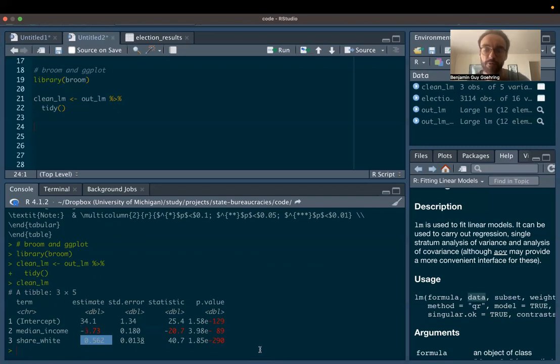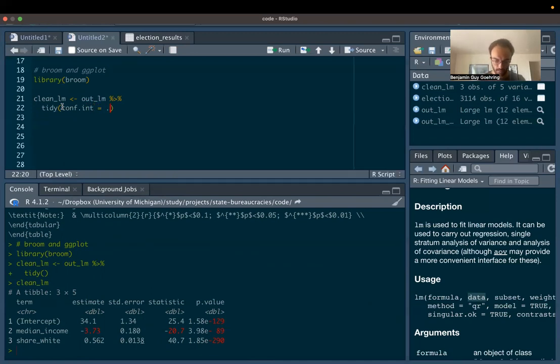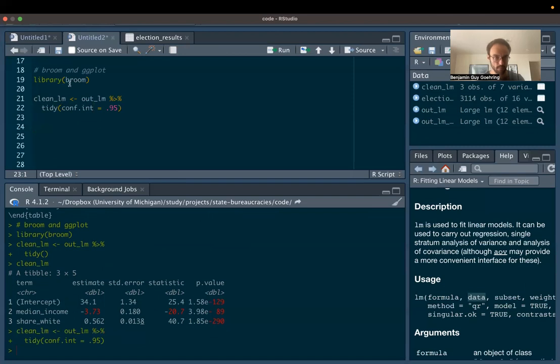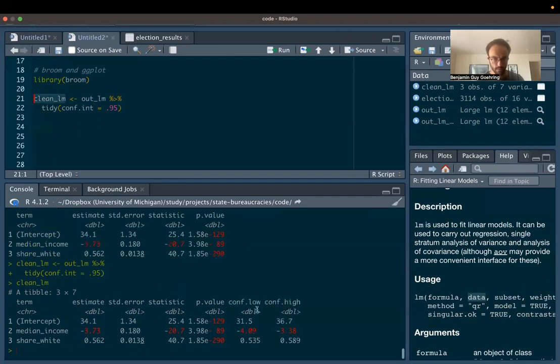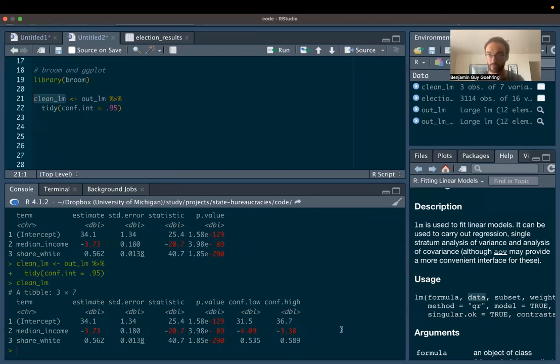And I want to kind of plot those as points with bars around them indicating our confidence interval. So we're going to add this optional argument to tidy, conf.int. And now we're going to have these confidence intervals. These are 95% confidence intervals.